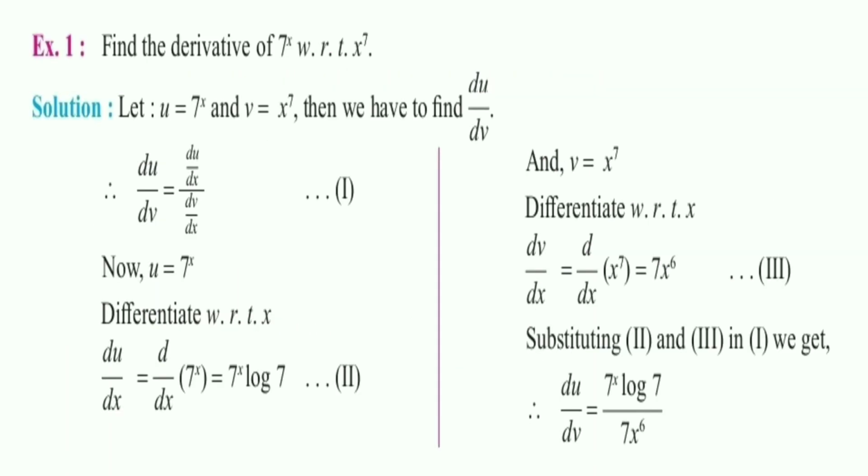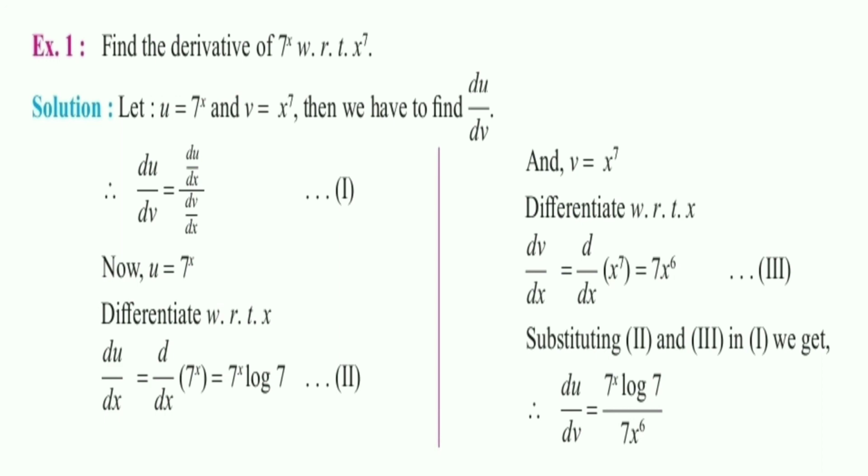For example, find the derivative of 7 raised to x with respect to x raised to 7. Let u equal to 7 raised to x and v equal to x raised to 7. Then we have to find du upon dv. Therefore, du upon dv equals du upon dx upon dv upon dx. This is equation 1. Now, u equal to 7 raised to x.